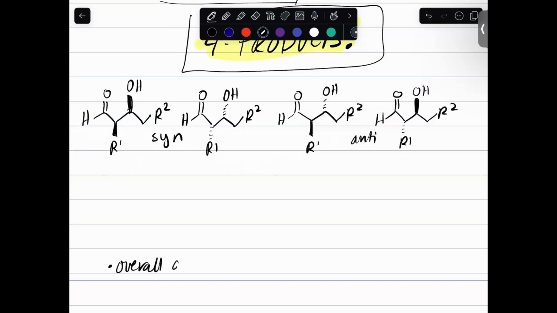Overall goal is to only make one out of the four. Okay. And so to make one out of the four, we need to figure out how all of these four molecules are related to each other. And we'll start off pretty simple.